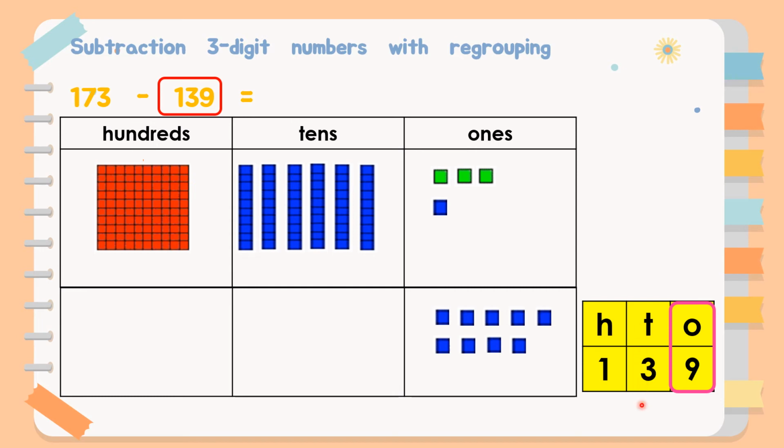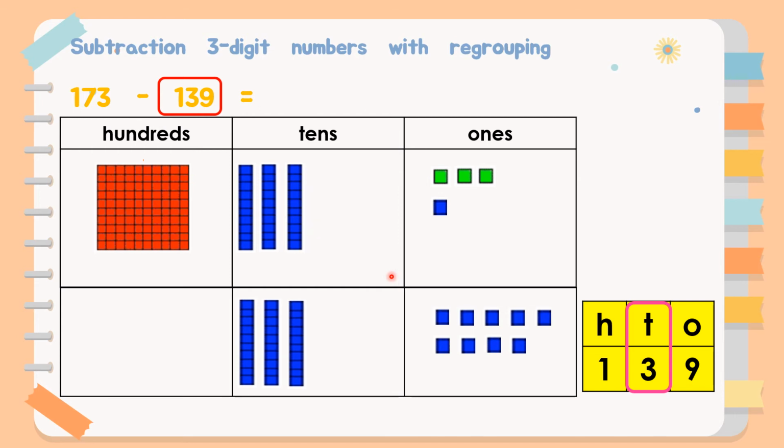Now, we subtract tens. Can we take away 3 from 6? Yes, we can. Let's take 3 tens blocks. 1, 2, 3. Now, how many left? Yes, there are 3 tens blocks left.